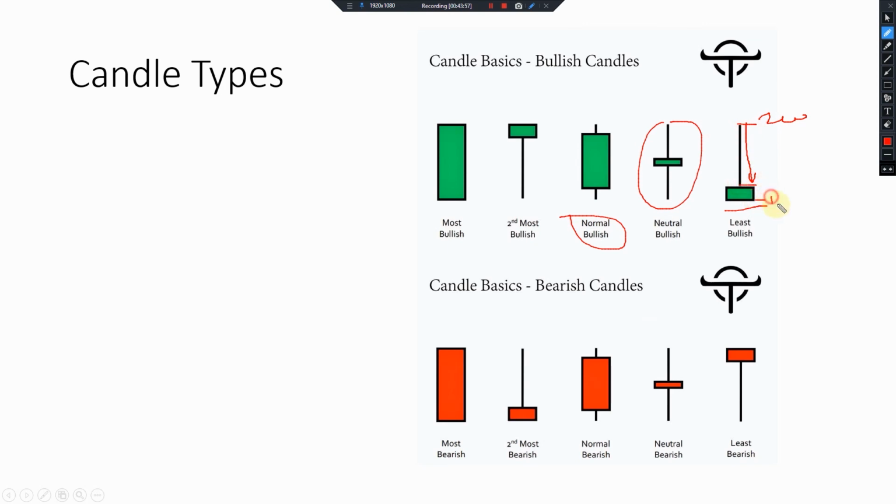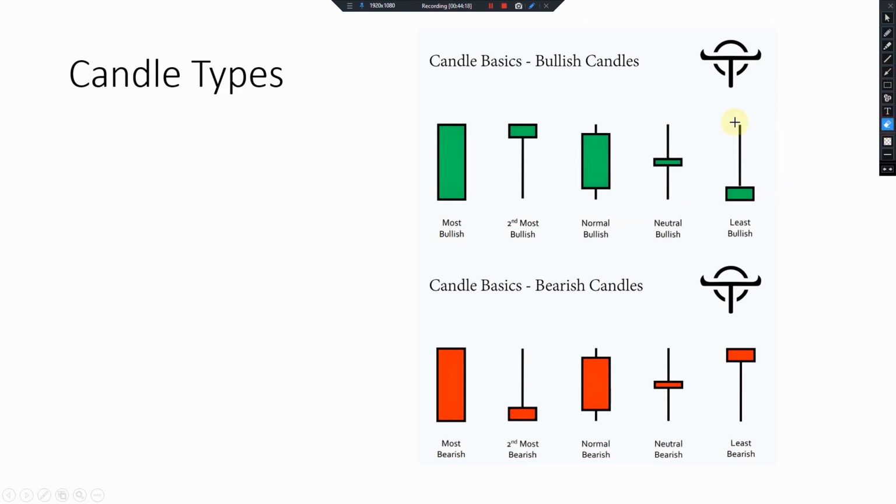This was the low and open. The body is green because the price closed above the low. So this was the close, this was the low, and this was also the open of the candle. That's how bullishness is determined by candle shapes.